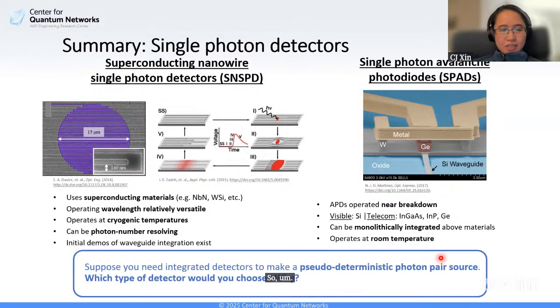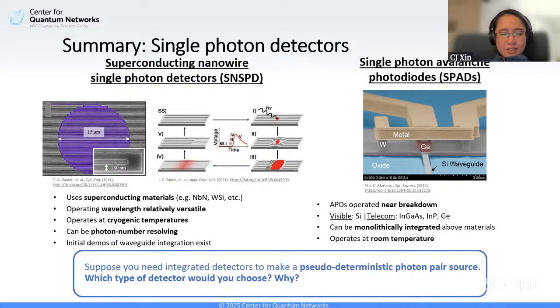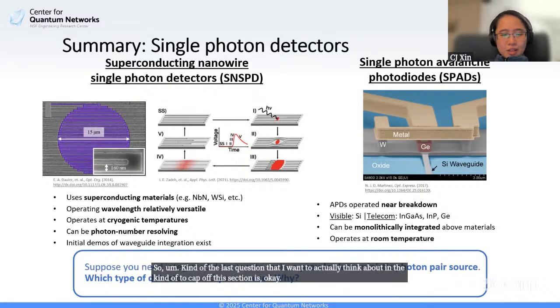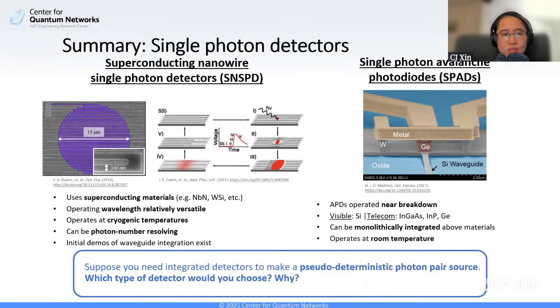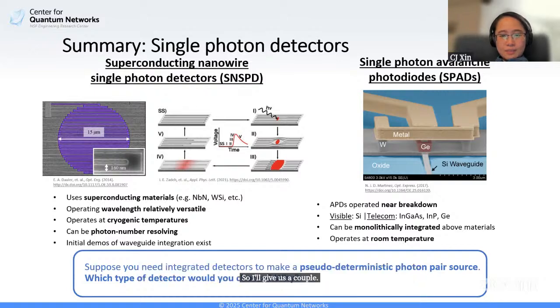The last question I want to think about, to cap off this section, is: I just wanted to poll you and see what you think in terms of the various trade-offs when it comes to using a superconducting detector versus one of those APDs, which are efficient over more restricted wavelengths but can operate at room temperature. So I'll give us a bit of time.